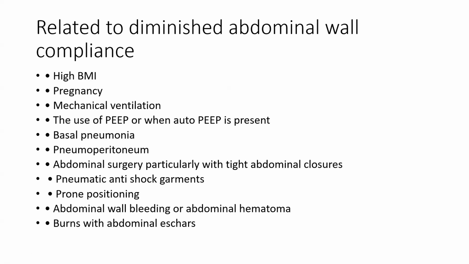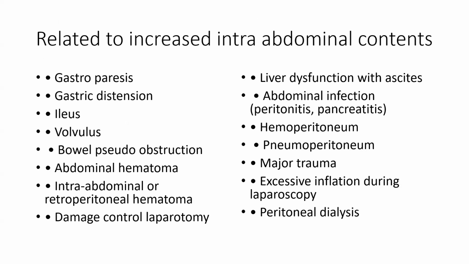So the first one is related to the diminished abdominal wall compliance. That is high body mass index, pregnancy, mechanical ventilation, use of PEEP or when auto-PEEP is present, basal pneumonia, pneumoperitoneum, then abdominal surgery, particularly with tight abdominal closures, pneumatic anti-shock garment, prone positioning, abdominal wall bleeding or abdominal hematoma, burns with abdominal eschars.